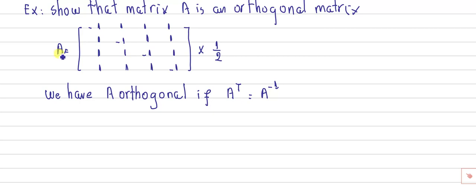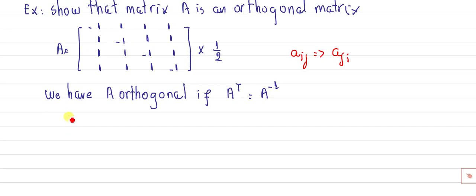A transpose is okay. We change from column to row and row to column, which means Aij equal to Aji. This is A transpose. But the inverse of A, you should find by our formula, 1 over determinant of A multiplied with the adjoint of A.